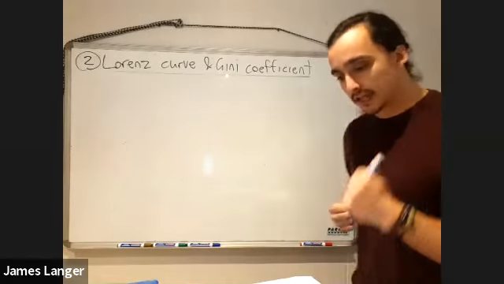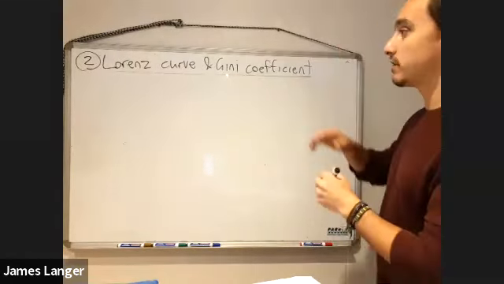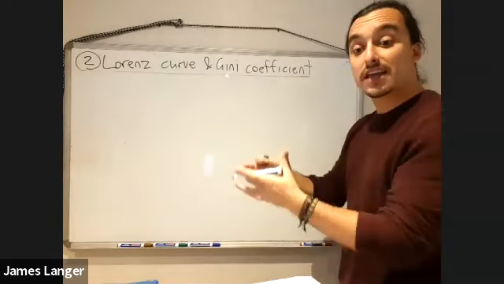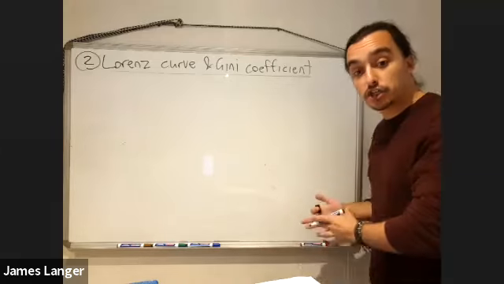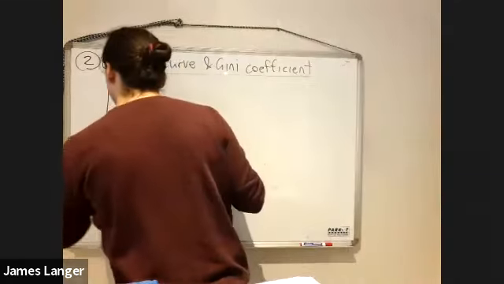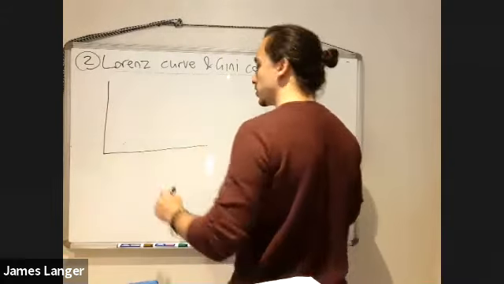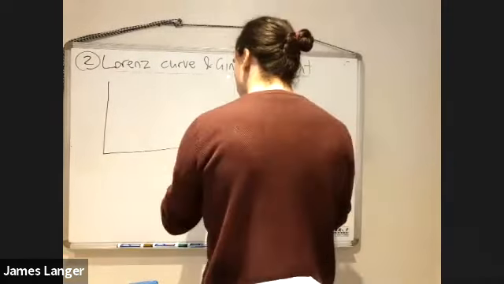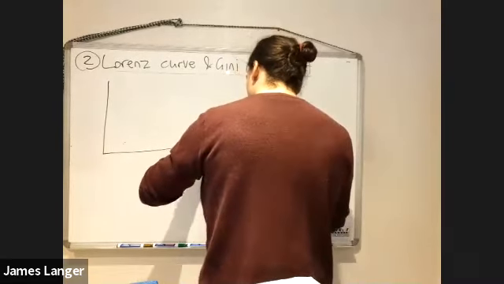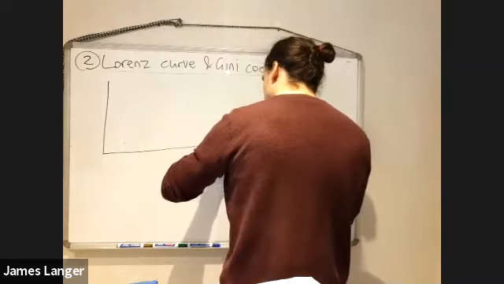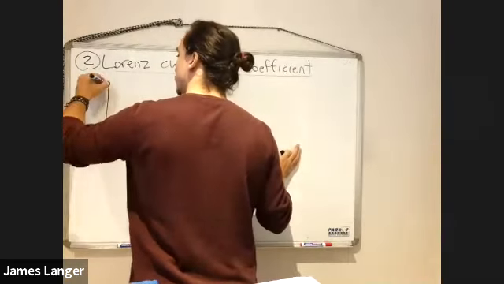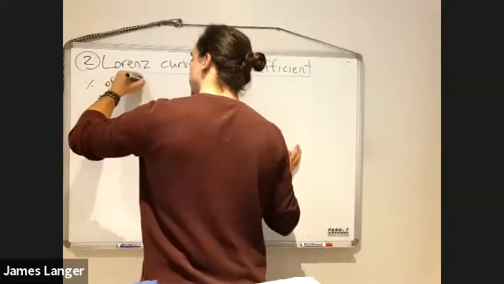So let's carry on. We're looking at the Lorenz curve and the Gini coefficient. We're going to start with the Lorenz curve, which is then used to calculate the Gini coefficient. So let's draw a graph. On the bottom axis we're going to have the percentage of the population, and on my y-axis, I'm going to have the percentage of income.